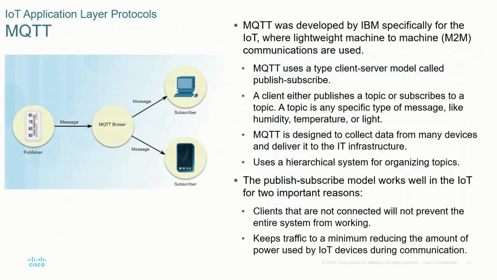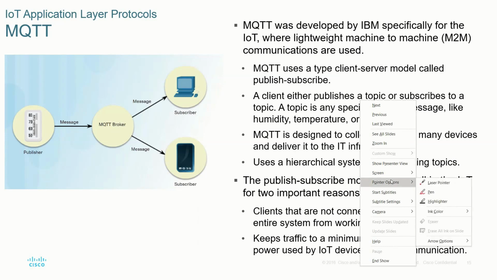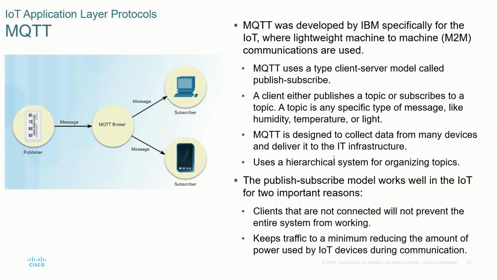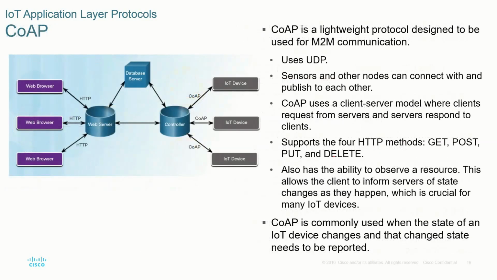MQTT was designed by IBM. This is how it looks. The publisher sends the information, the temperature, and the message over. We went through this in the lab also. I went ahead of time with the lab so that we repeat a few times before you actually do the part.